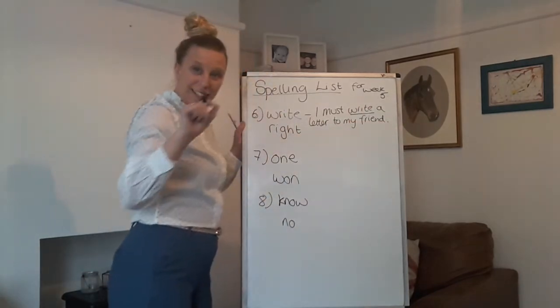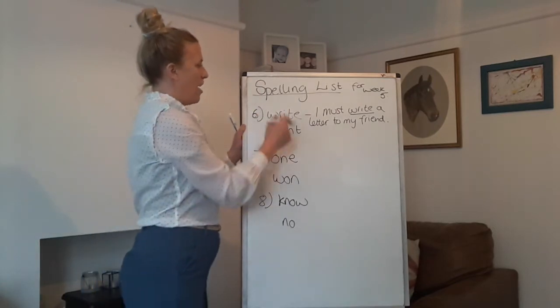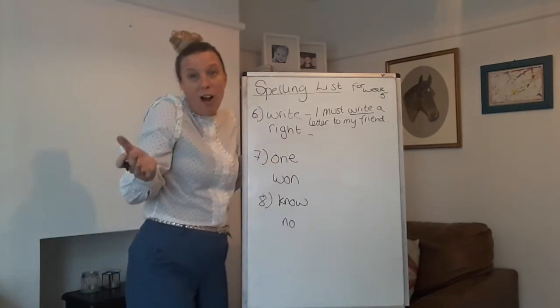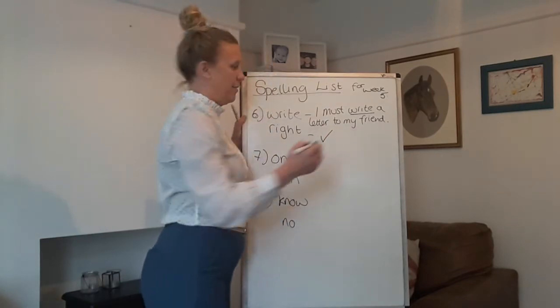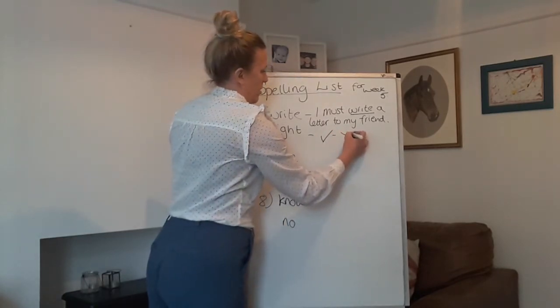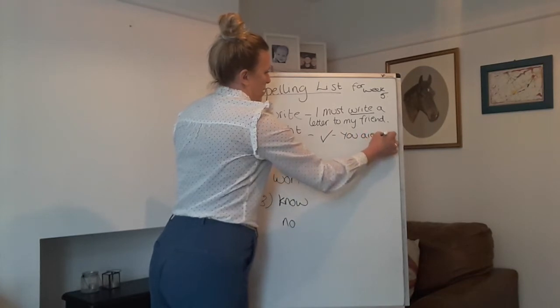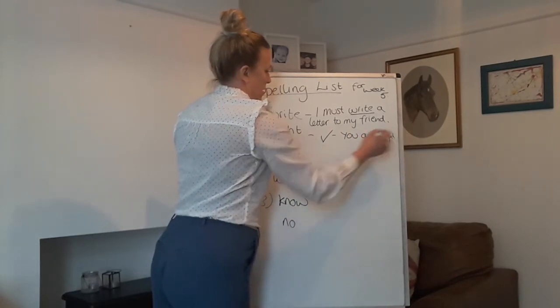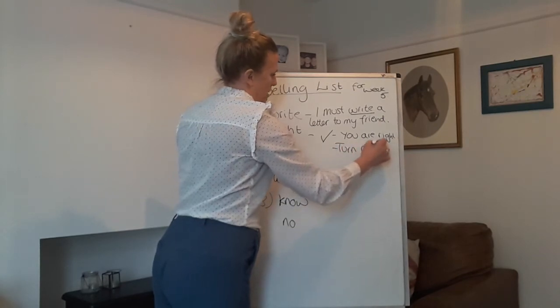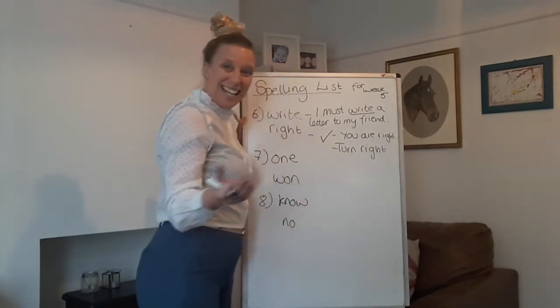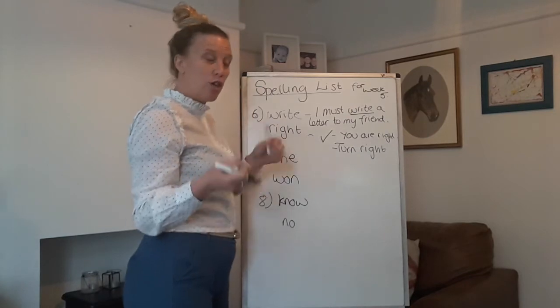To write with a pen, W-R-I-T-E, and then right as in I'm right, I'm correct. Or turn right. Right and left, yes, right and left. So there's 2 meanings to right.